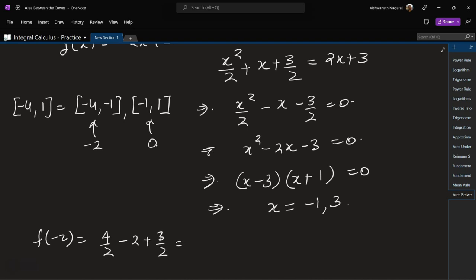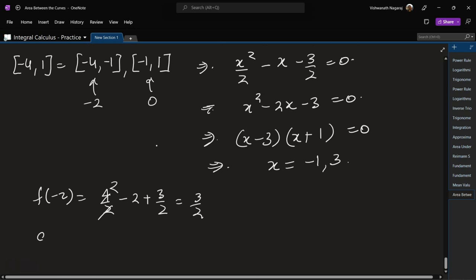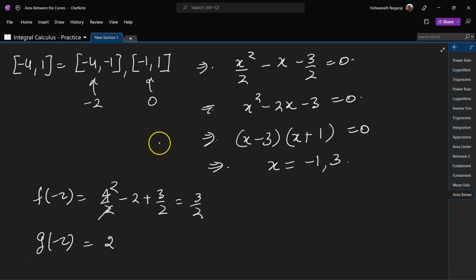This is going to be 2 minus 2, which is 0. So 3 by 2. Now g of minus 2 is equal to 2 times minus 2 plus 3, which is minus 4 plus 3, which is minus 1. So here f is higher in the first interval.